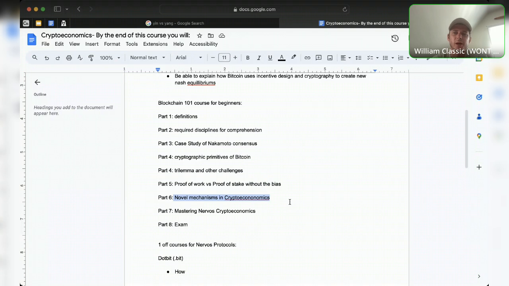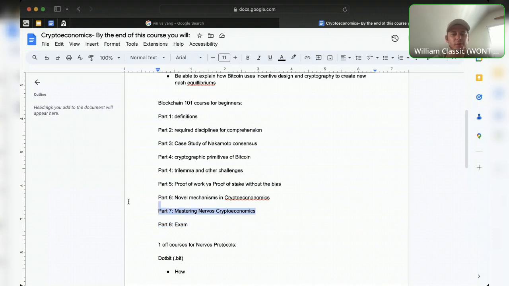So we're going to look at these major industry changing patterns that we see, and there's quite a few of them. So we're going to try to pack as many relevant ones as we can into this part while trying to keep it short. And then part 7 is going to be mastering Nervos cryptoeconomics.